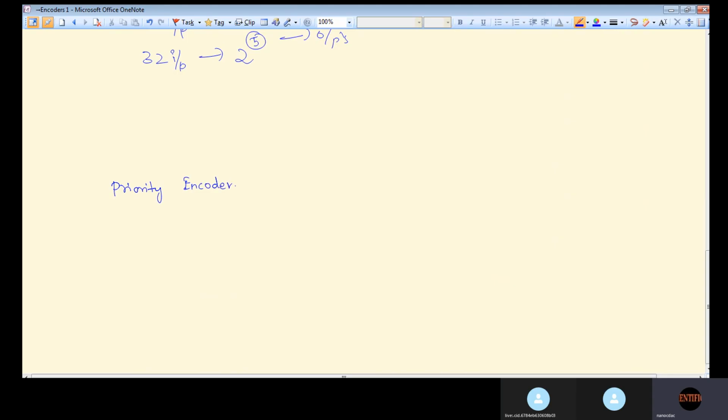We will be finishing off the combinational circuits today. Tomorrow PAL, PLA, ROM we will see, and from day after tomorrow onwards we will be looking at sequential circuits. So priority encoder kada, encoder ki priority encoder ki difference enti cheptara? Meeru Google search em cheyoddu, whatever you know you tell me.